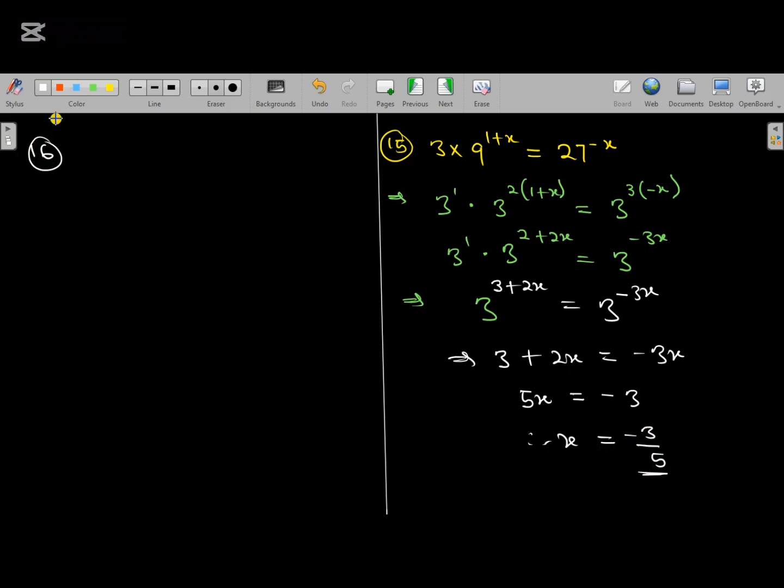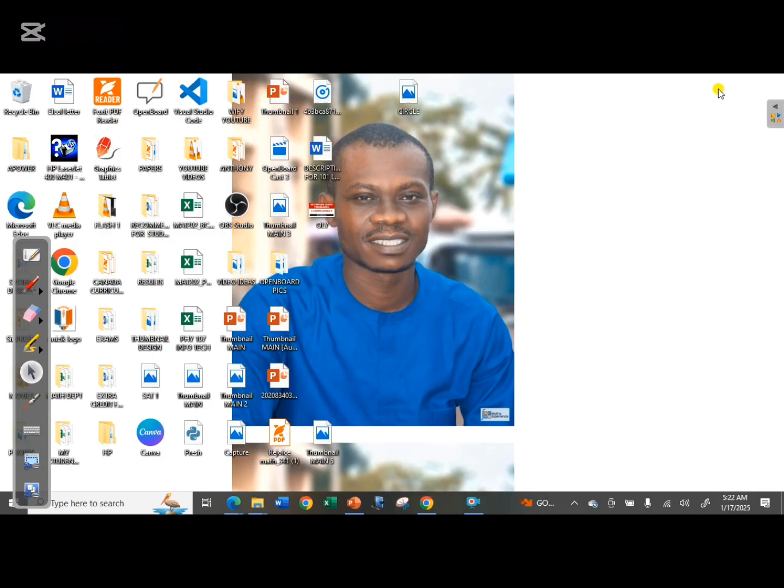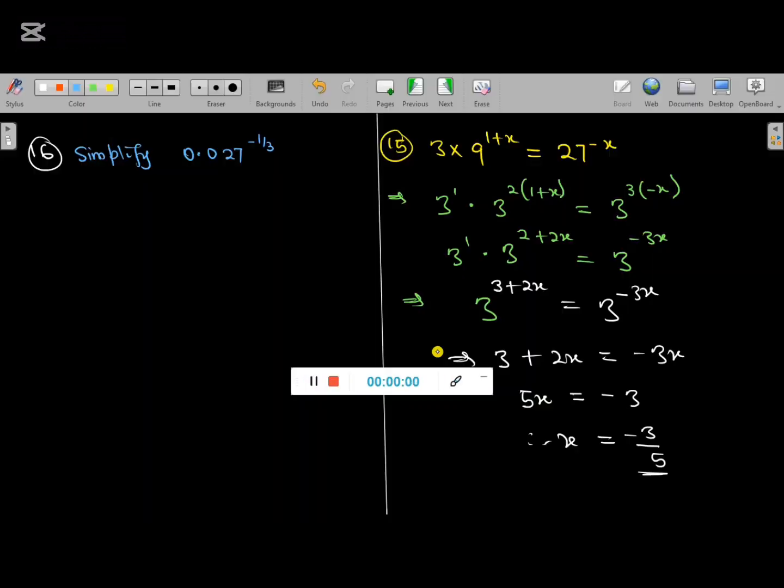Let's move on to the next one, which is 16. All right, so for 16, we are asked to simplify 0.027 to the power of negative 1 over 3.